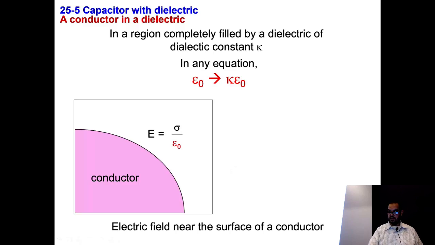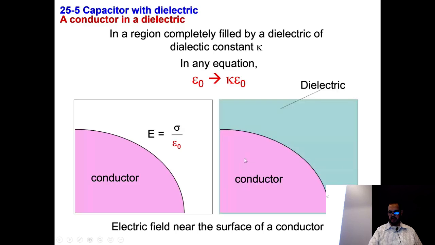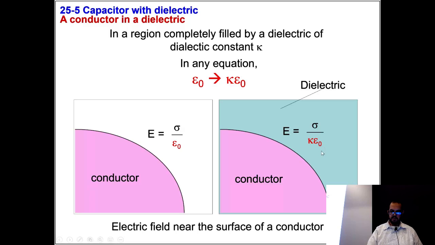Now, if the conductor is within an insulator that has a dielectric material kappa, so now we have a dielectric material instead of air, then the electric field is sigma over kappa epsilon 0. So do not forget this, because if you're given a problem where you're told instead of air we have another insulating material, remember always to multiply epsilon 0 by kappa.